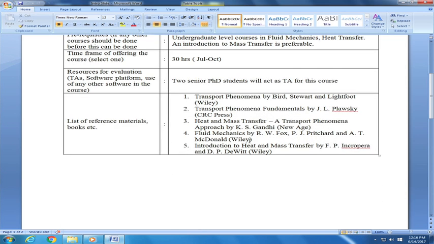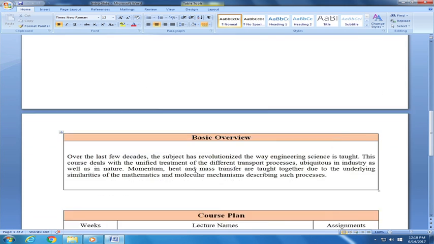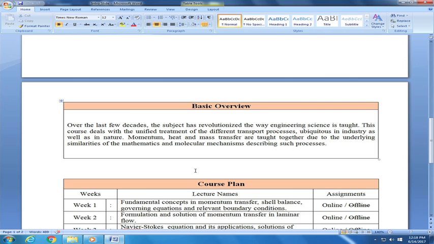I have also listed some of the textbooks that would be followed in this course. Therefore, the summary of the course is to explore the link between momentum, heat and mass transfer, which are similar in nature due to the basic underlying similarities of the mathematics and the molecular mechanisms which describe such processes.